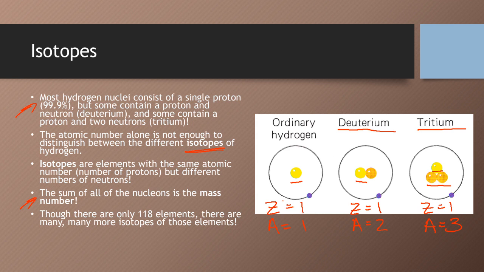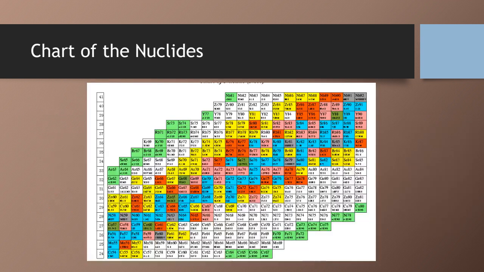And there are only 118 elements, but there are many different isotopes. So I just pulled a piece from the chart of isotopes just for elements from 24 to 41. And you can see, I think this is chromium, has a bunch of different isotopes.